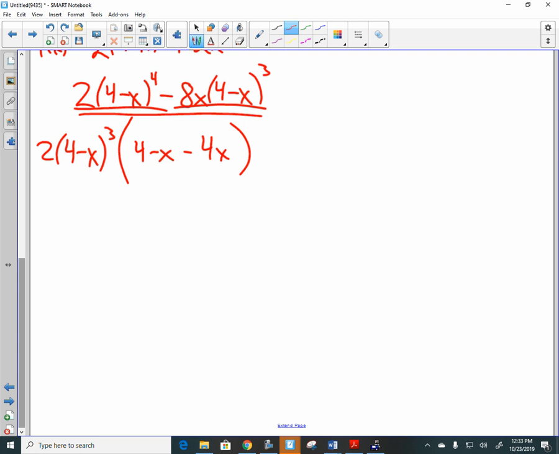You see that? So now I have 2 times 4 minus x cubed times negative x and negative 4x make... So I have 4 minus 5x. This would be the acceptable answer for f prime.